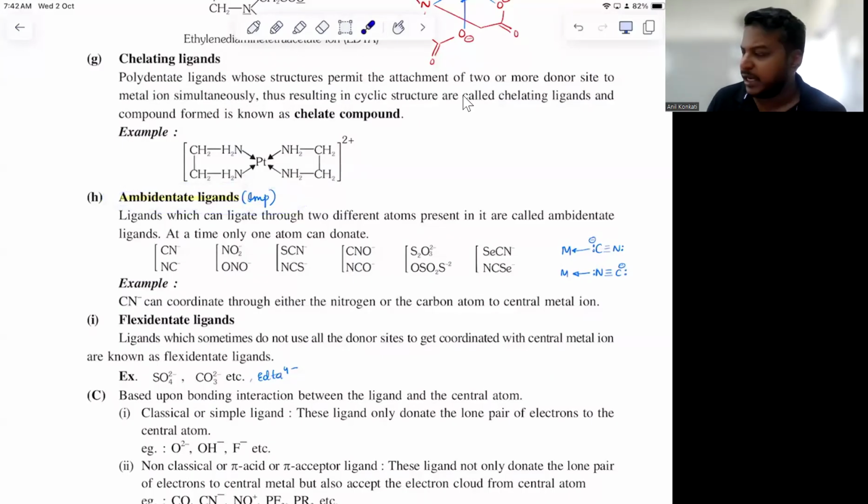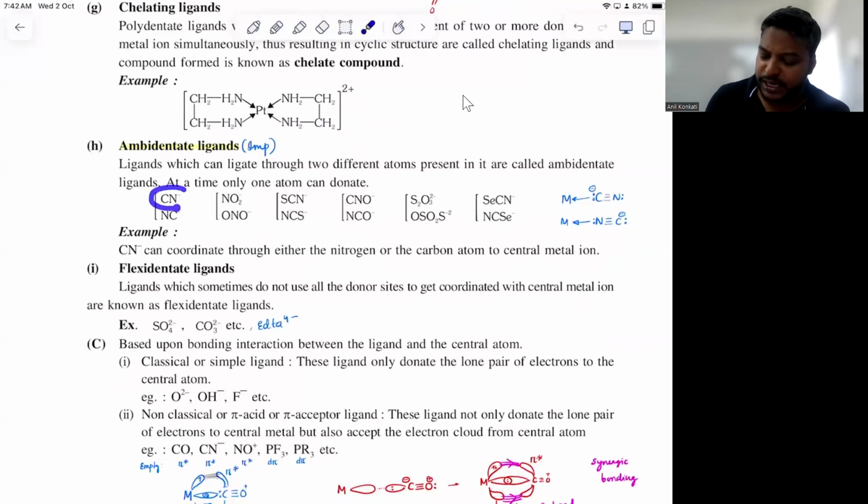What are ambidentate ligands? Now notice, CN minus can connect as CN minus from the C end or the N end. So this would be ambidentate. NO2 minus, SCN minus, CNO minus, S2O3 2 minus.